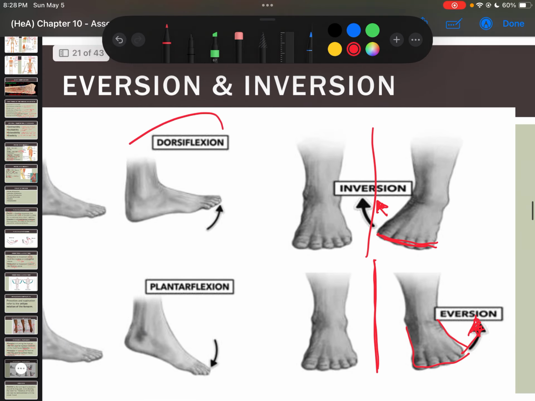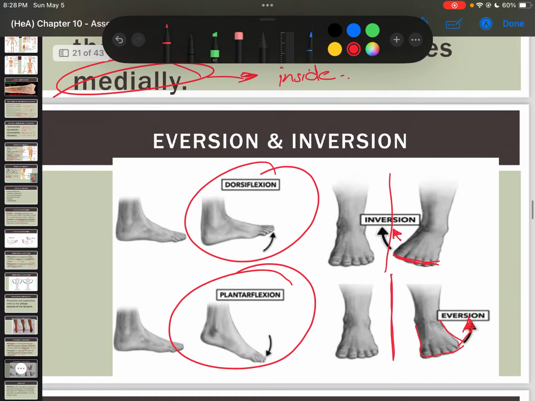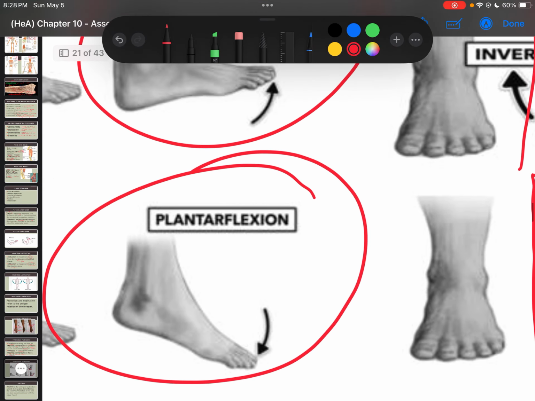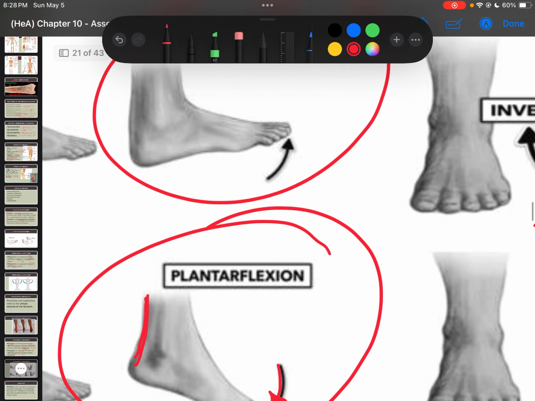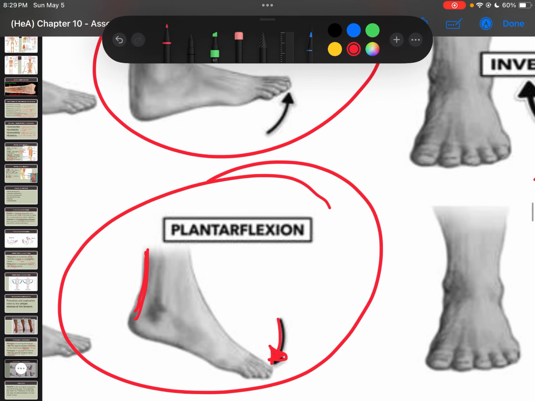We also have what we call dorsiflexion and plantar flexion, also seen in the foot. In plantar flexion, the back of the ankle is flexed so that the tips of the foot face downwards.